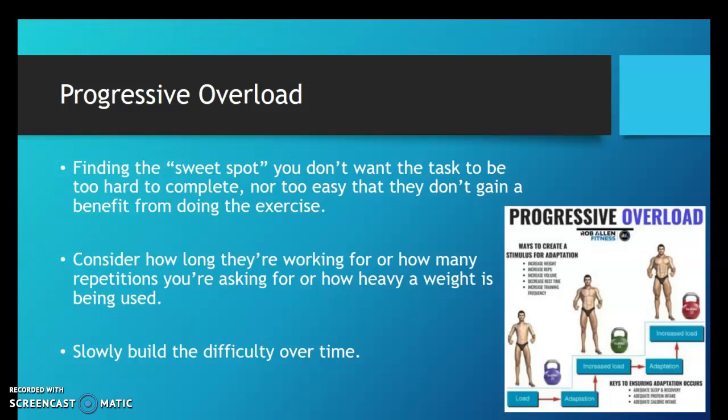But they're also not going to gain any benefit from doing the exercise if it's too hard. And if it's too easy, they're also not going to gain a benefit, because they're not really challenging whatever they're trying to improve, whether it's muscular strength or power or your cardiovascular ability to be able to do something for a period of time. So you want to try and manage that sweet spot.